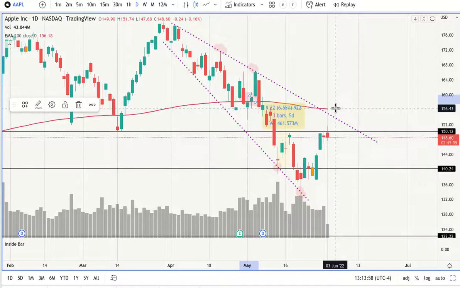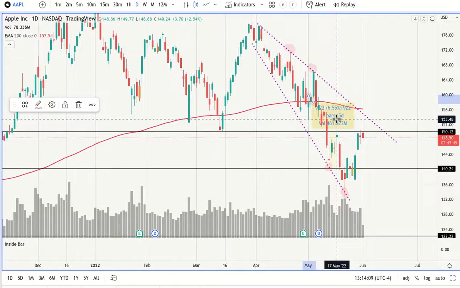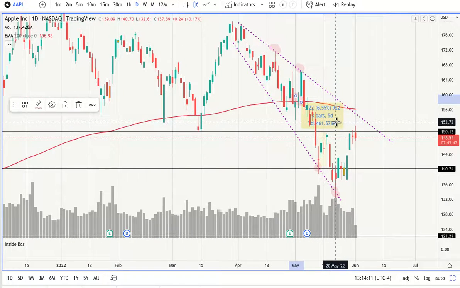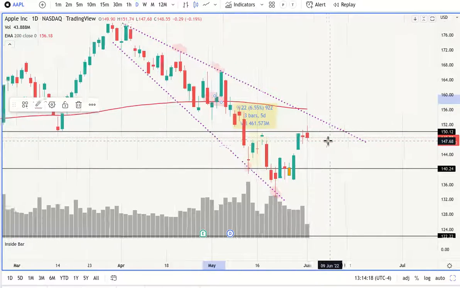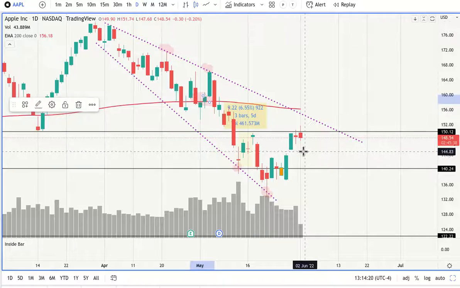Apple is a very strong stock, very good company. It could break all these levels and go back into the bullish trend. It's still possible, but as a technical analyst and as a trader, you should always have all possibilities in your trading plan.